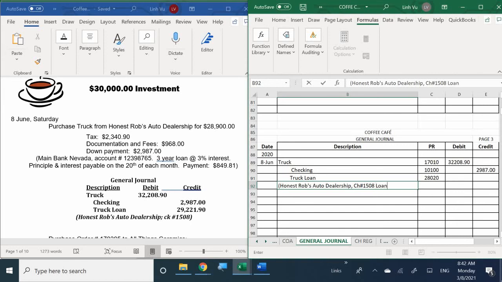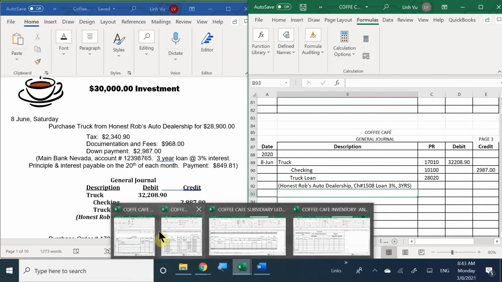I could put loan 3%, 3 years. Okay. So now that I completed my journal, now I need to go to my ledger.